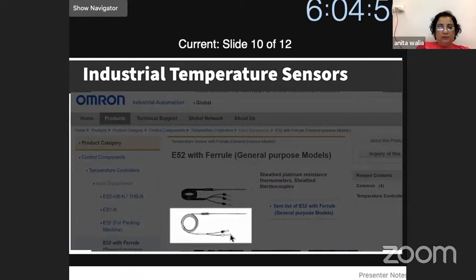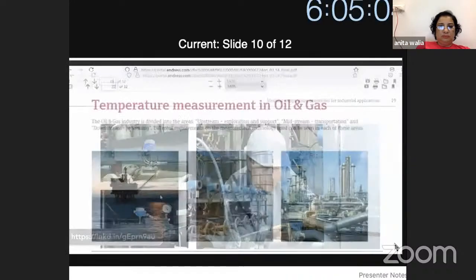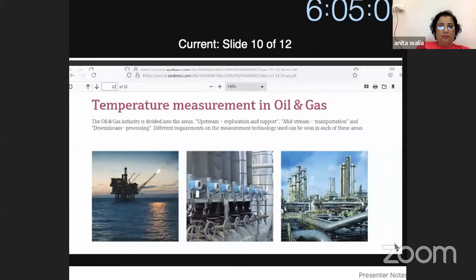Now, these are some more examples. Again, there are some articles and examples where you can find how the oil and gas industry is using temperature measurement, especially in oil exploration.